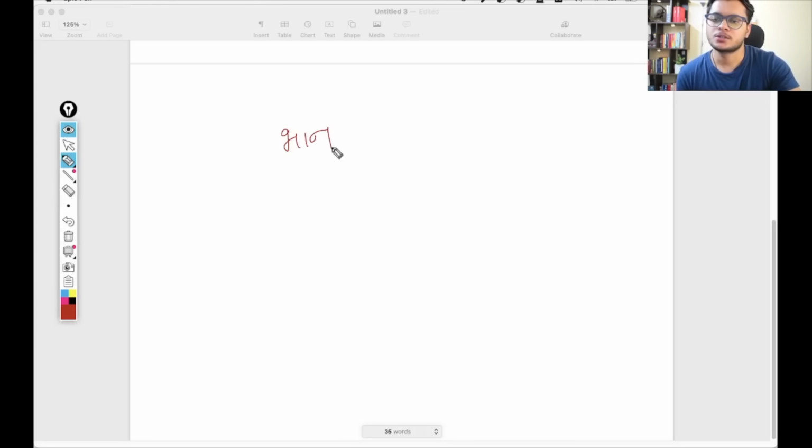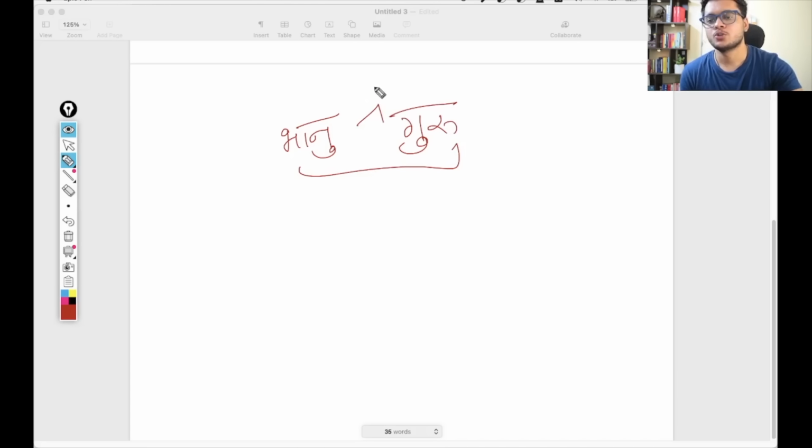One more example. Suppose these two words, Bhanu and Guru. You can tell now, if you already know the gender, they are masculine gender words. Because gender, again, this point we discussed in the earlier videos. In the last video, that gender in Sanskrit, as is the case with German and French also, is inherent to the word.